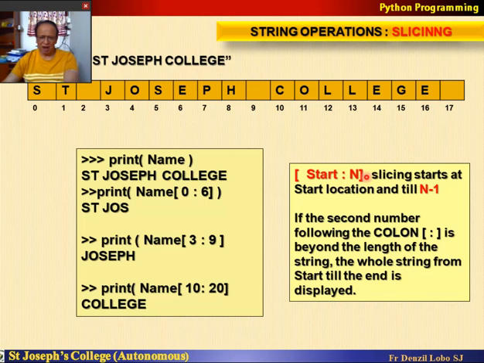Therefore slicing starts at the start location till n minus 1. Just remember, if the second number following the colon is beyond the length of the string, the whole string from the start till the end is displayed, and that is what we have seen here. Though I have given 20, it is going to print up to here and not junk afterwards.